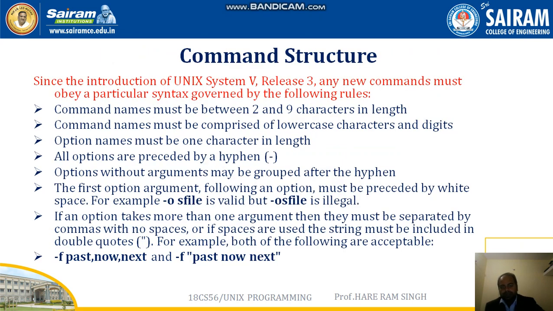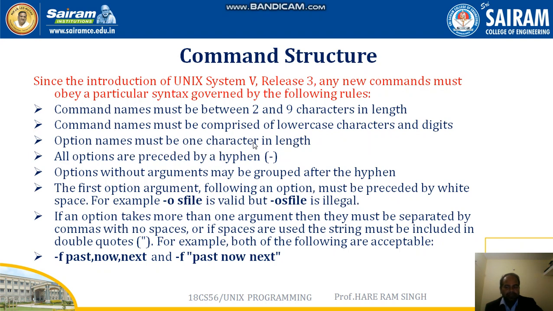So the general syntax of a command line is command, then options, and after that arguments. So this is the structure of the command. The syntax is governed by the following rules. Unix has given some syntax or standard rules which need to be followed by any command of Unix.